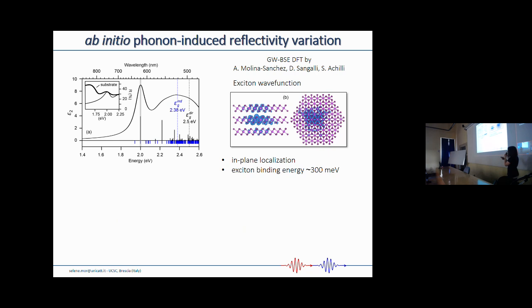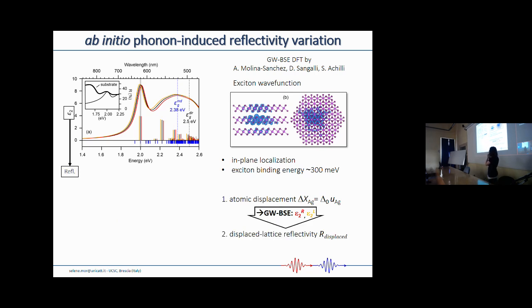Having this information at equilibrium, what they did was to displace the atoms along the vectors of the Ag Raman mode, and they calculated the dielectric function by solving the Bethe-Salpeter equation. You can already see that by shifting your atoms to the left or to the right, the excitonic peak, not at equilibrium but with the displaced lattice, exhibits some shifting in energy.